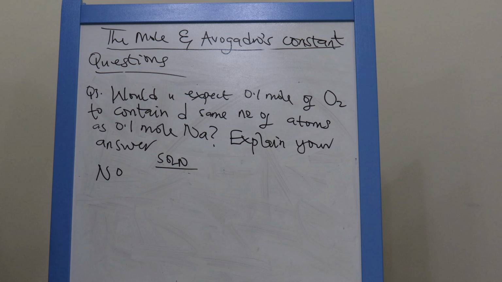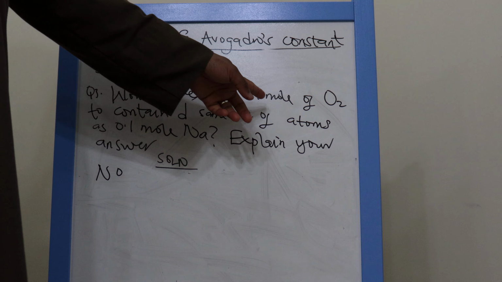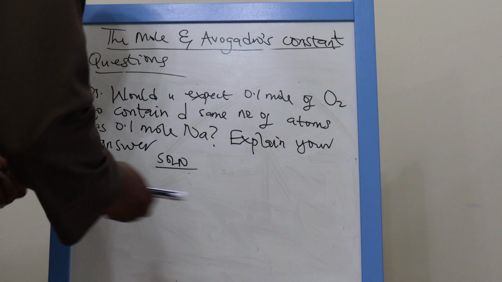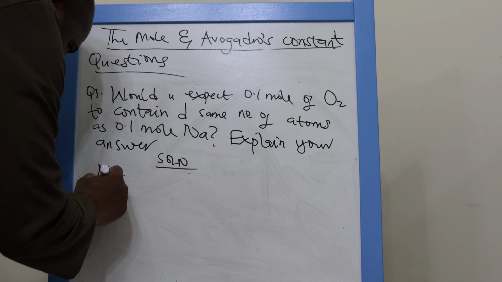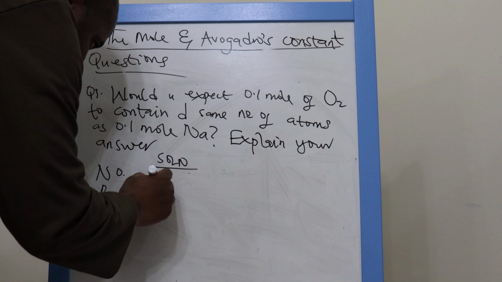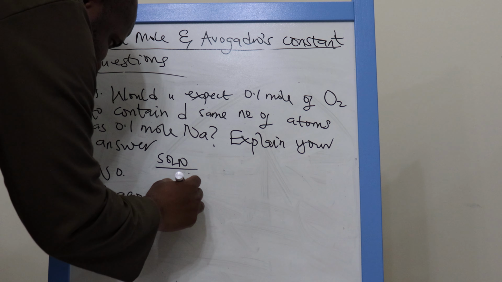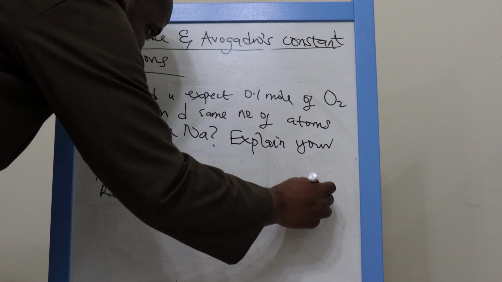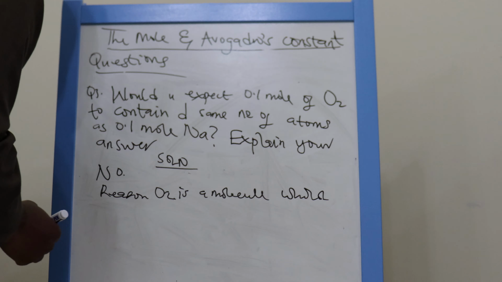And then the reason is that O2 is a molecule, whilst Na is an atom.